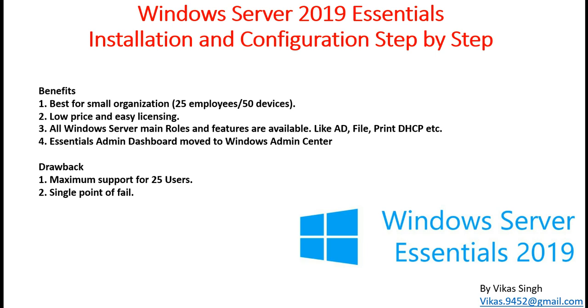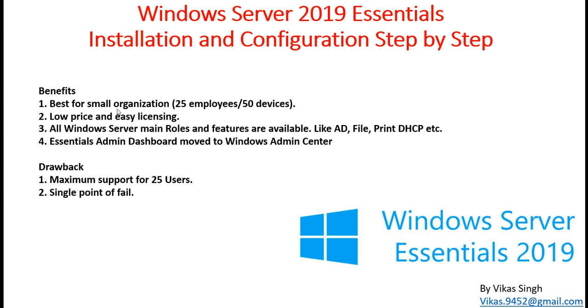And as you can see, I have listed some benefits and drawbacks of the Essentials server operating system. So the first benefit: best for small organizations, as the Essentials operating system comes with 25 employees or 25 users or 50 devices.